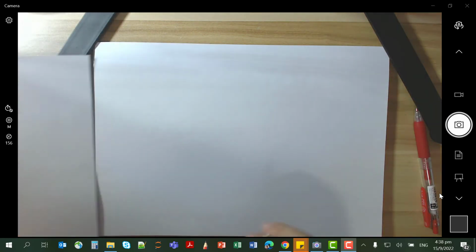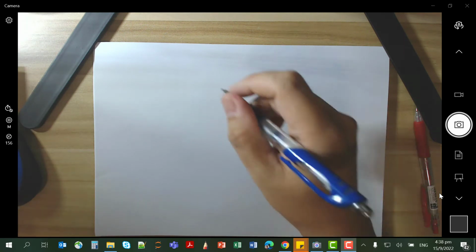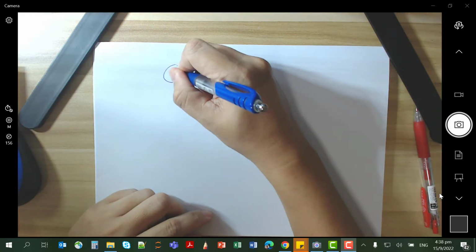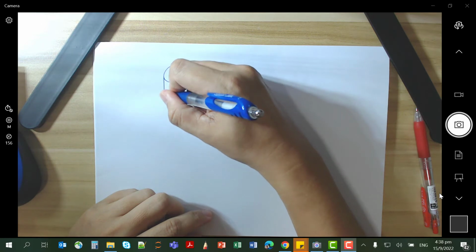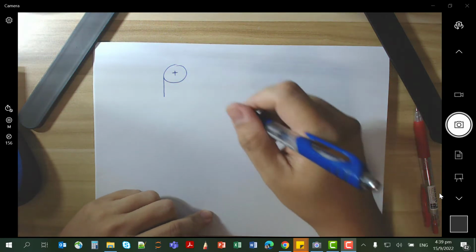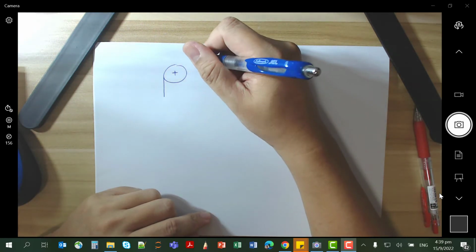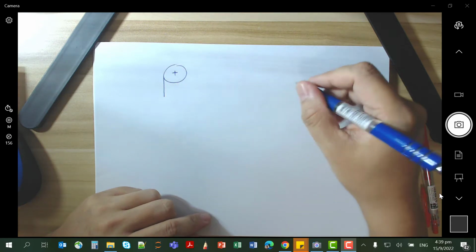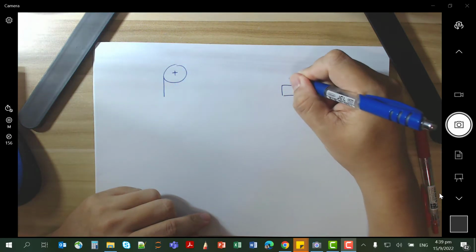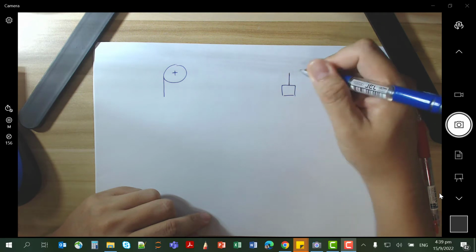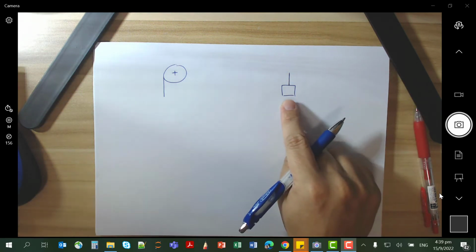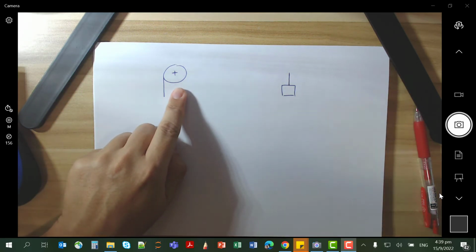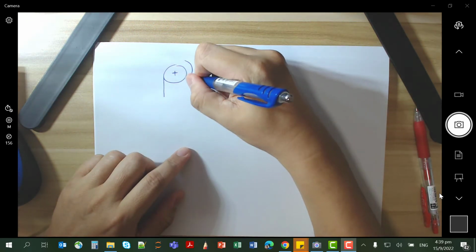Let's draw the free body diagram. The rotating component will look like this. Let's assume that we are lifting the object up, and this is the linear component, the object like this. When we lift this up, our cylinder, our drive shaft, should go clockwise.